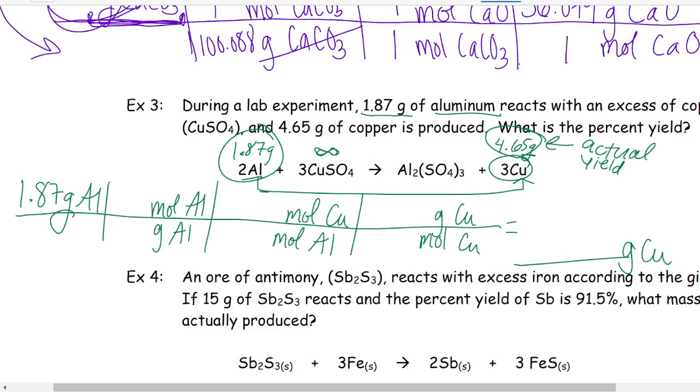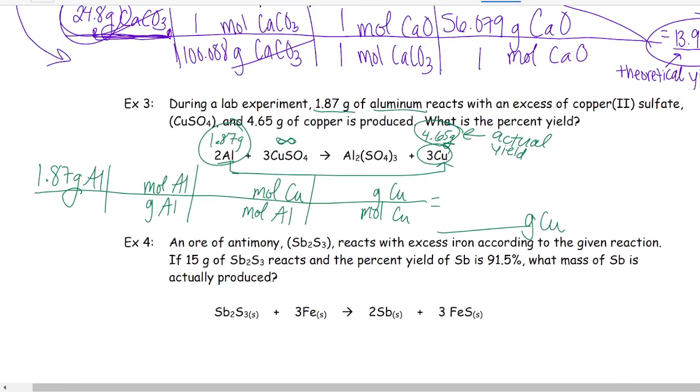We're trying to find the grams of copper because we are given the actual yield of copper. And so I guess it should probably say what is the percent yield of copper specifically, but that is the product that we have actual yield for. Does that help?